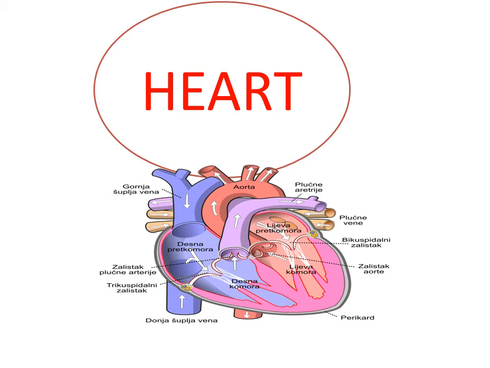Hello my student. In this lesson we talk about the heart. In the last lesson we talked about the circulatory system. We started with an introduction, where we talked about the functions of the circulatory system in the body.